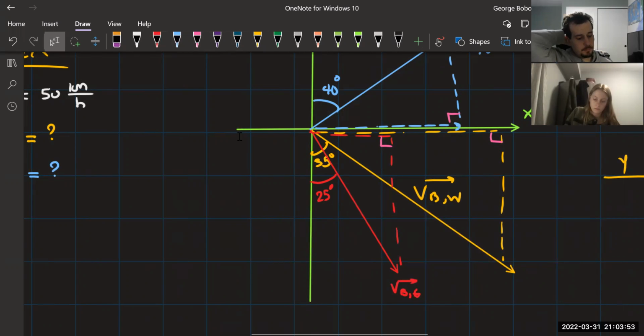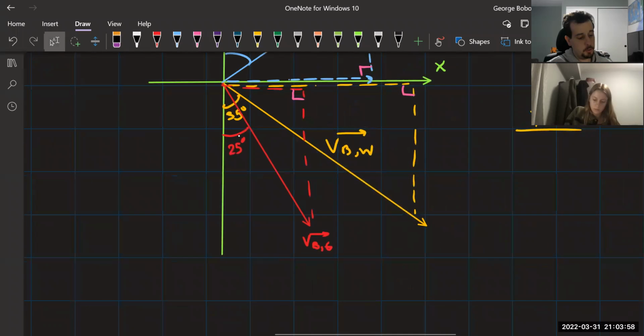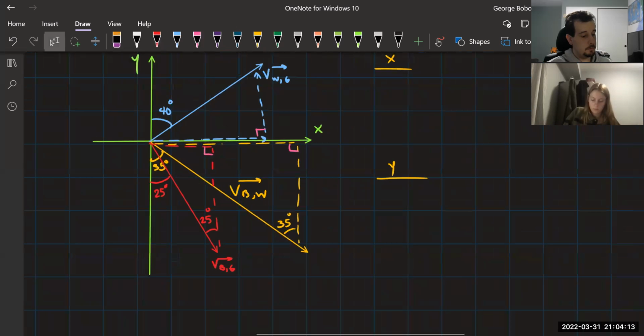So if that's a 35 there, you can make it jump into the triangle by the alternate angle theorem. That's going to be 35. And similarly, alternate angles again, that's going to be 25. Similarly, over here, alternate angles, that's going to be 40.